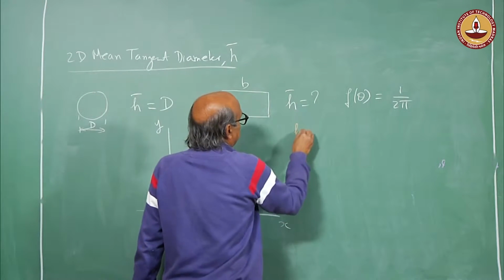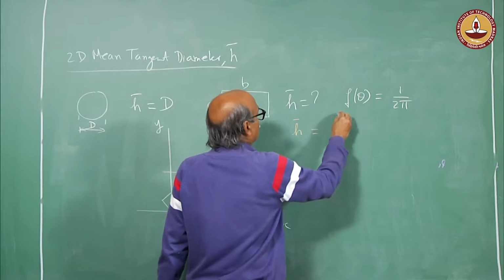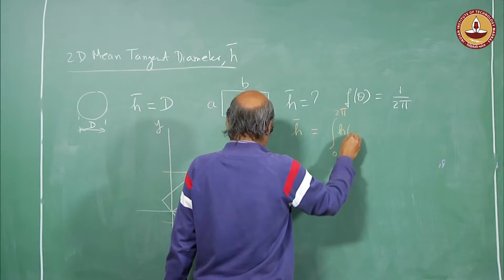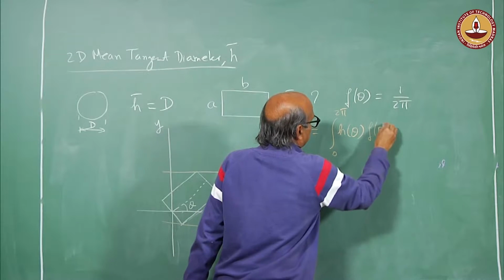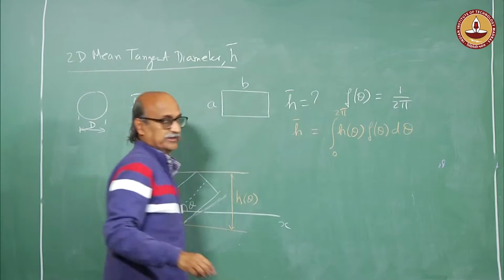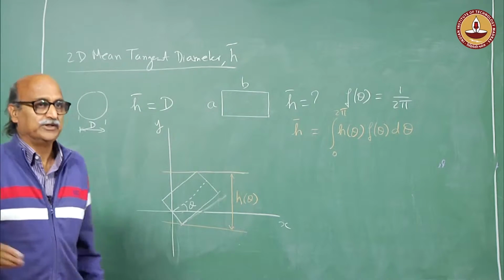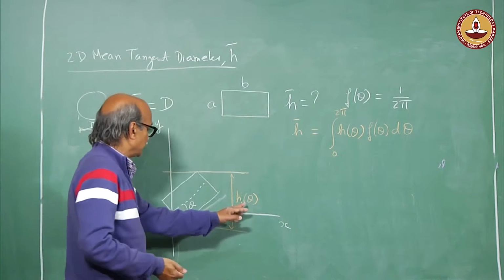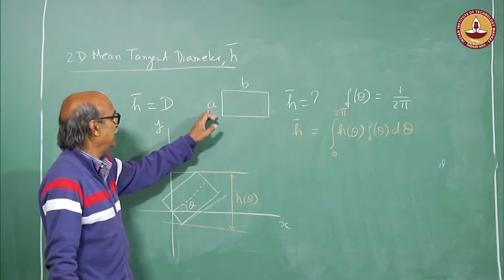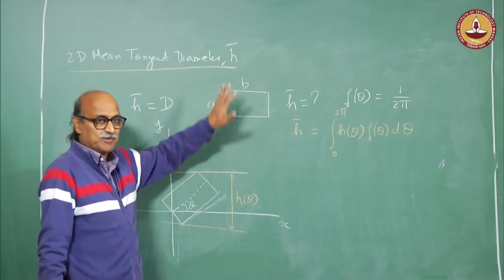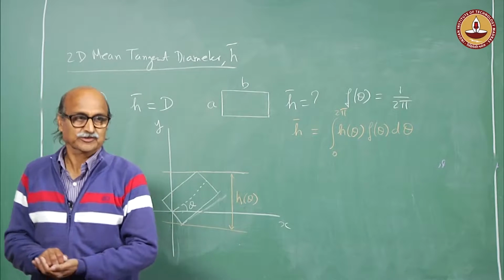Then the mean tangent diameter h bar is simply the integral from 0 to 2 pi of h theta f theta d theta. In order to integrate this, I need to express h theta in terms of theta, a and b. Once I am able to do that, it will be a straightforward job to do this integration.